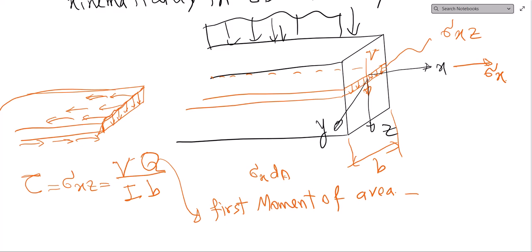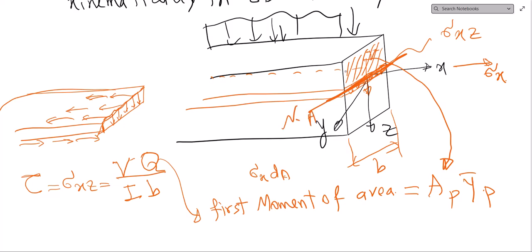And this is actually equal to AP y bar P. If I consider the shear stress at this level, then this is AP, and y bar P is, if this is the neutral axis, the centroid of the area AP with reference to the neutral axis.